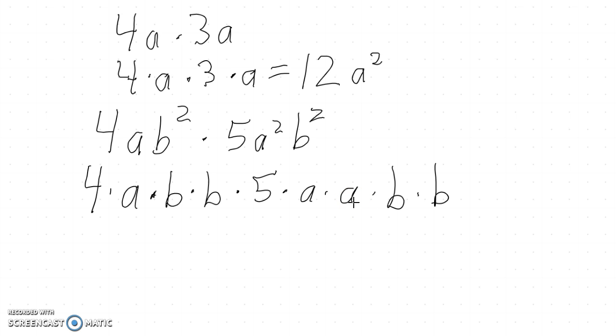And at this point, you're just going to multiply in whatever order is convenient. I'll do the 4 times 5 first to get 20. Then I'm going to look at the a's. I realize there's 3 of them. I'm going to write a cubed, or a to the third. And I see that there's 4 of the b's. I'm going to write b to the 4th.